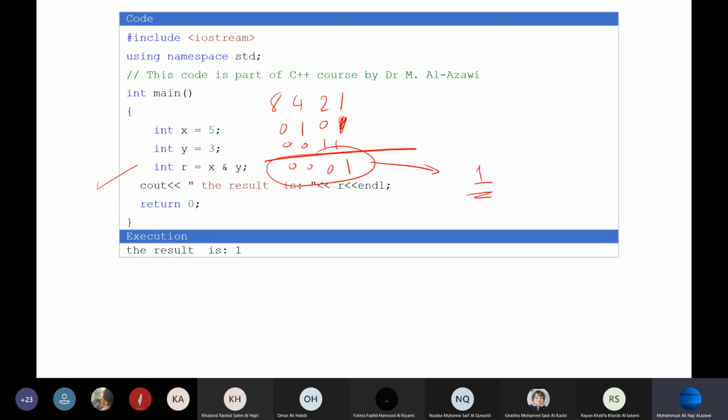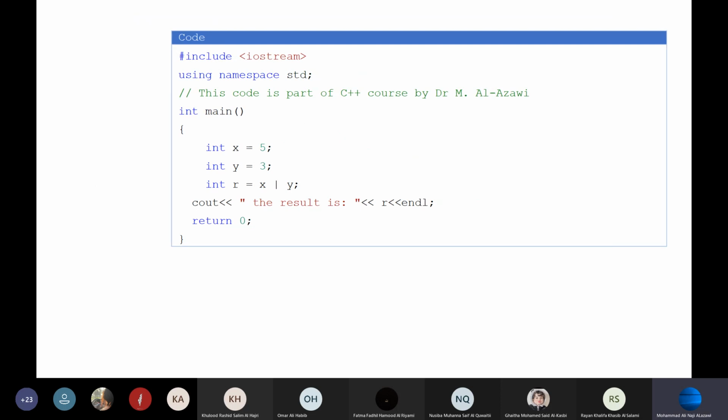Let's try the OR. Next one is OR. Remember that we represented 5 as 0 1 0 1, and the 3 as 1 1 0 0. The OR here is different than the AND.